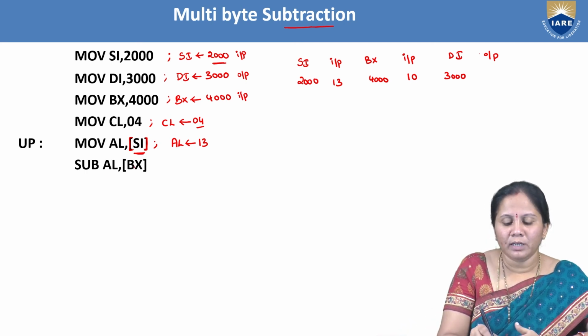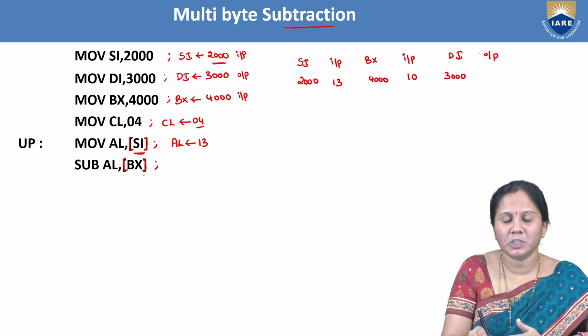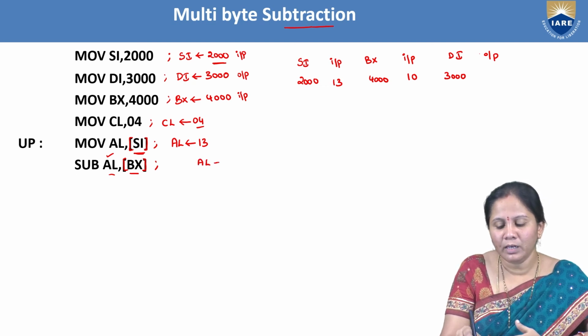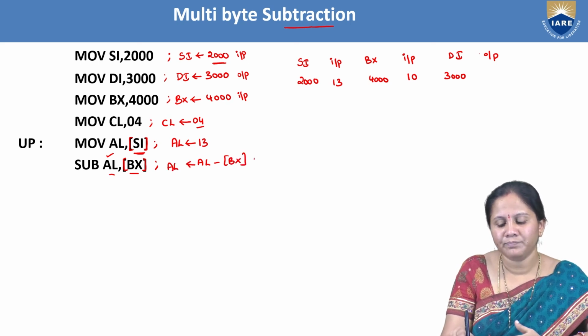Next, SUB AL, [BX]. So here BX is kept in the brackets. So it represents the subtraction operation will be performed between the contents of AL and BX, and the result will be stored in the AL register. That means here AL minus BX. The result will be stored in AL.